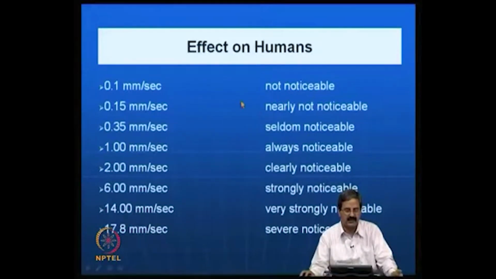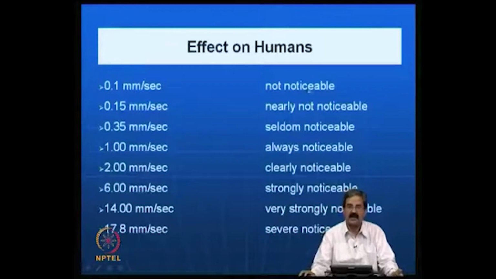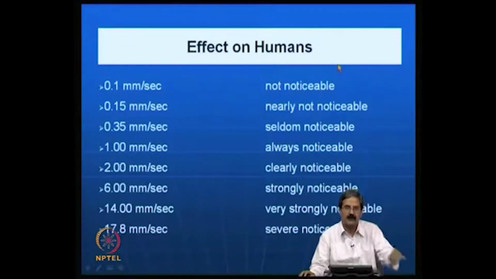If these velocities are so low, 0.1 mm per second is not noticeable, and you have a scale here from not noticeable to highly noticeable, a classification. One should really measure this peak particle velocity. For example, the metro is coming up, and because of the metro there could be vibrations induced into the neighbouring structures.